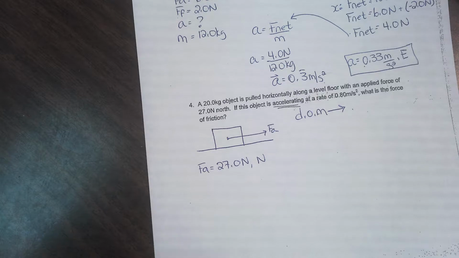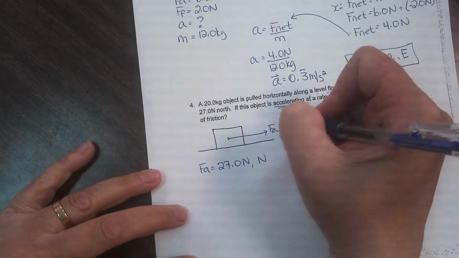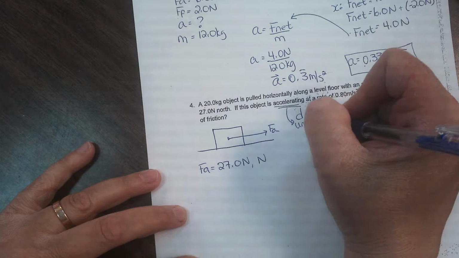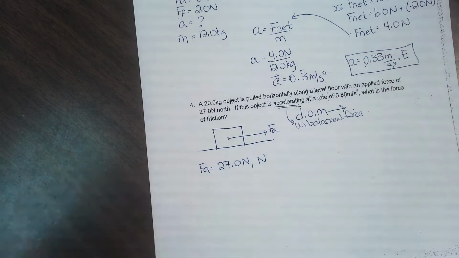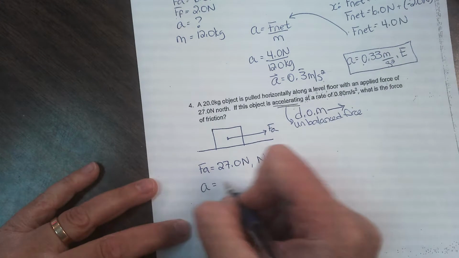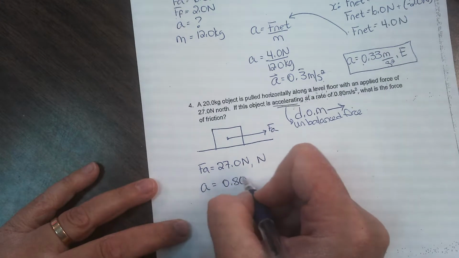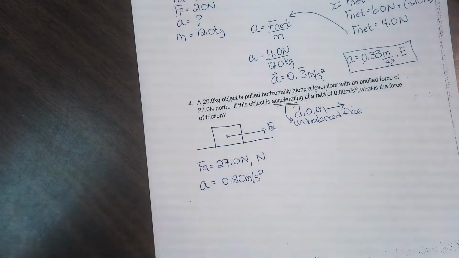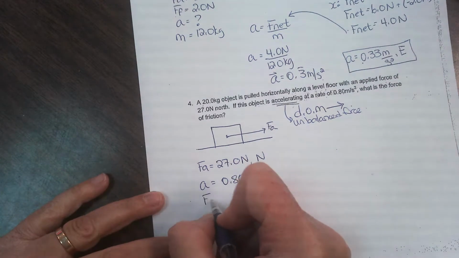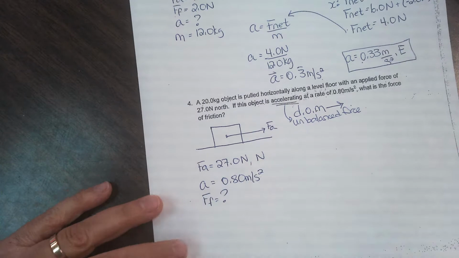If the object is accelerating, so there is an unbalanced force at a rate of 0.80 meters per second squared, what is the force of friction?